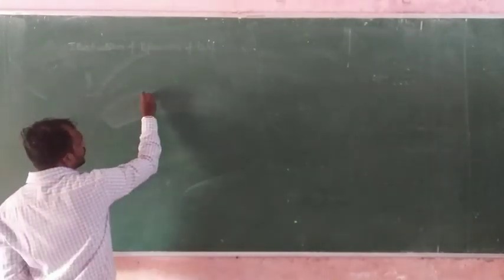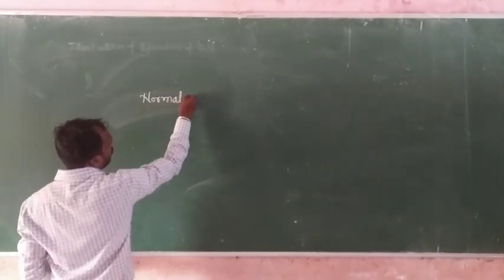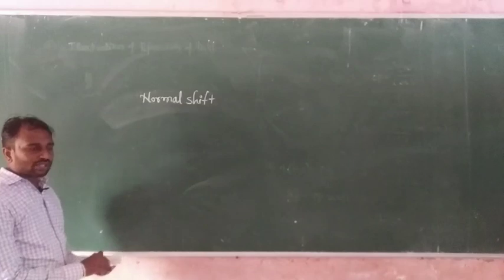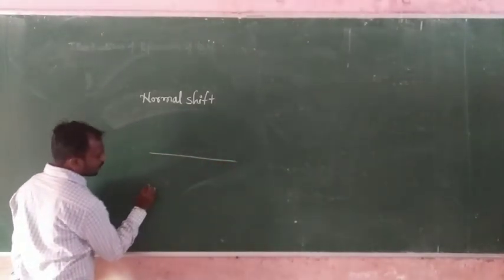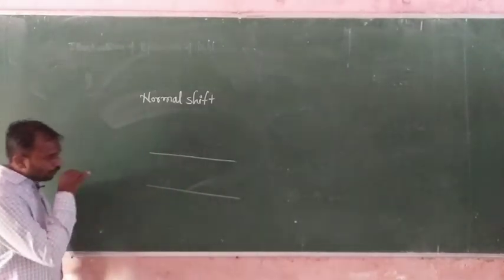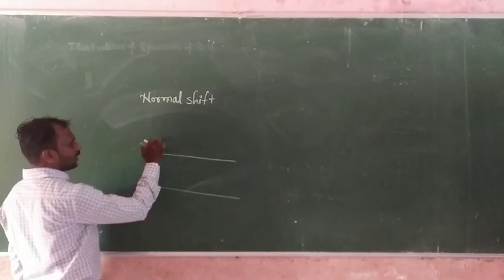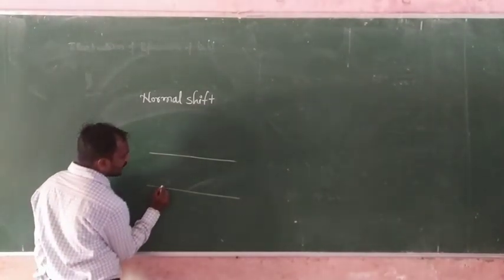The same thing here, we consider normal shift. Suppose this one is the denser media and this one is the rarer media, and the object is placed in the denser media.